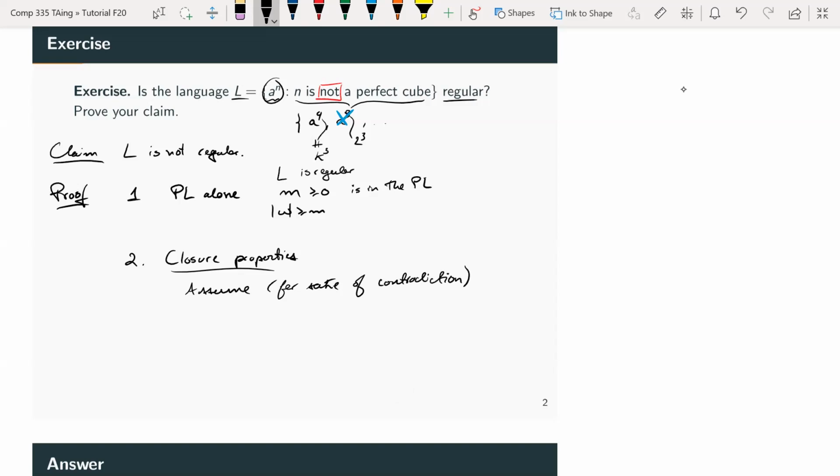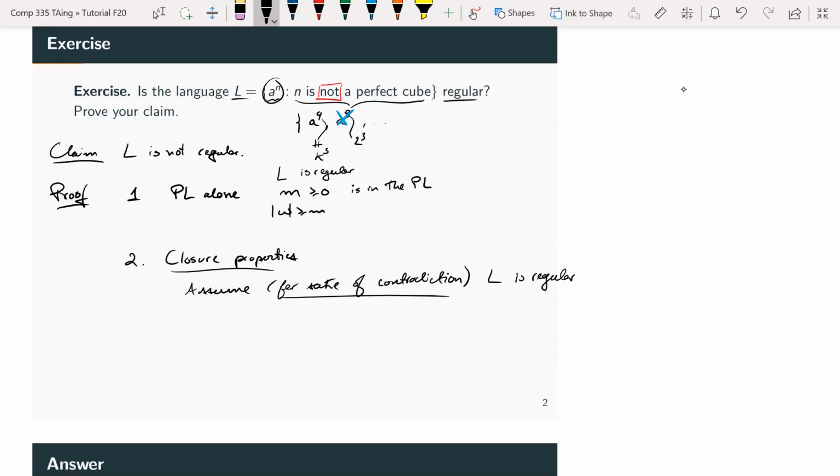The same thing is going to happen here. If you don't assume something, then it's going to be very difficult to start the proof. So that's why in non-regular proofs, we usually start by assuming, for the sake of contradiction, that in this case L is regular. Okay, so what does that mean?